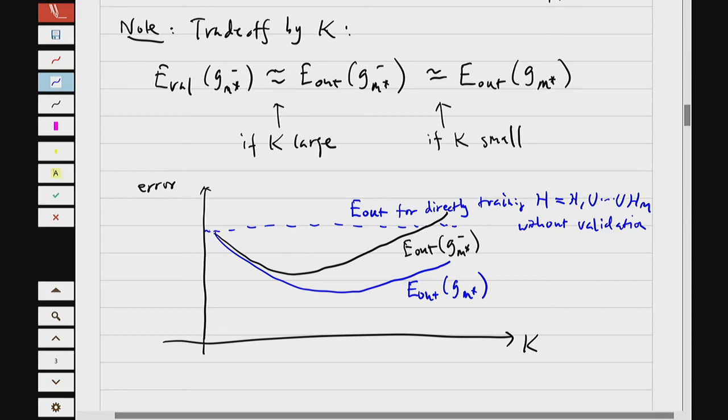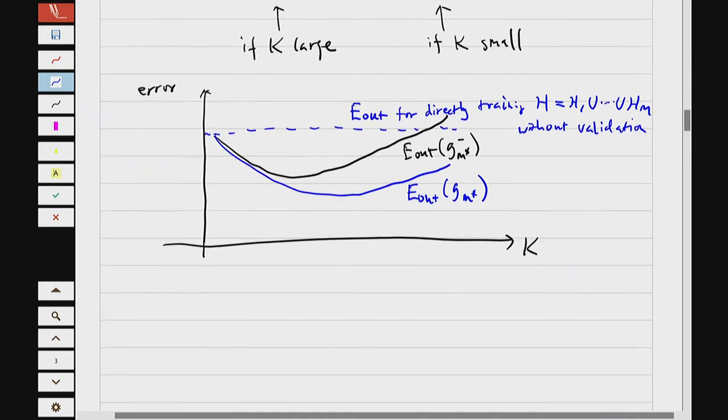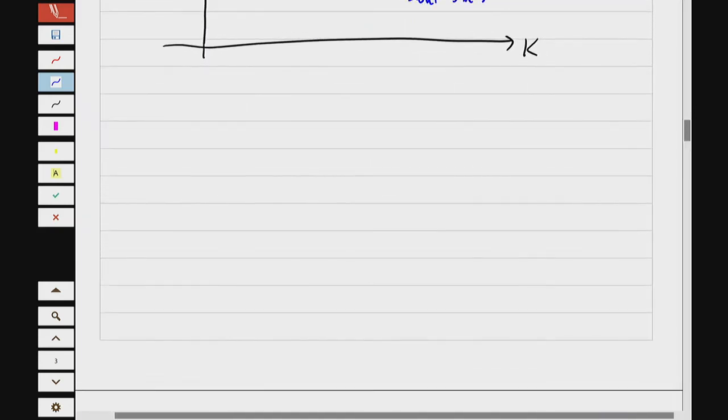So whatever hypothesis you get for each model is not accurate, and then when you choose among these models, that model selection is also not accurate. So in the end, you don't get good results. So there is this trade-off around k for this method in general. But now the question is, can we do without this? Can we alleviate or avoid this dilemma? And the answer turns out to be, yes, we can do that with cross-validation.